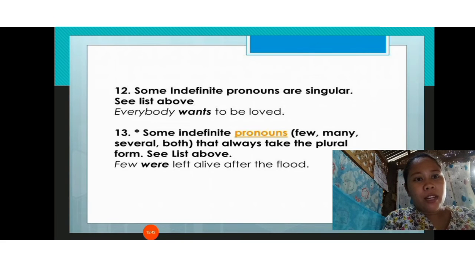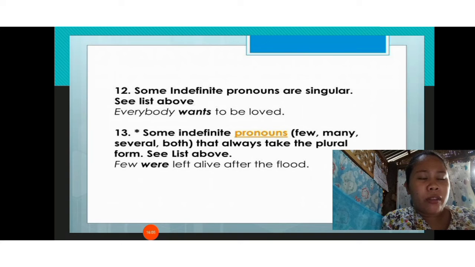13. Some indefinite pronouns, for example, few, many, several, both, always take the plural form of the verb. We have, few were left alive after the flood.